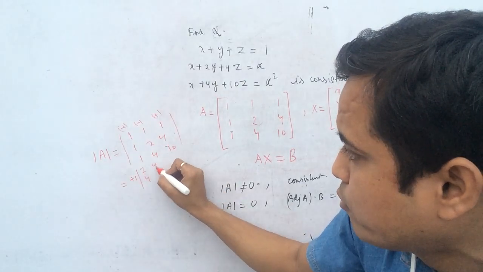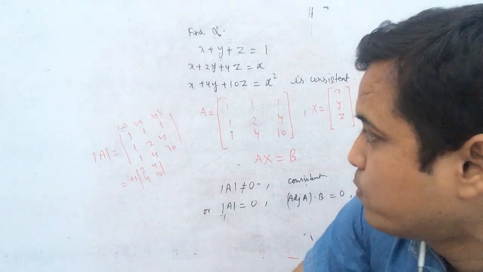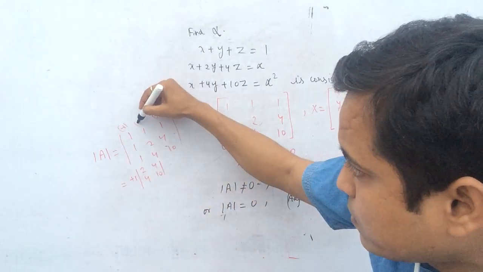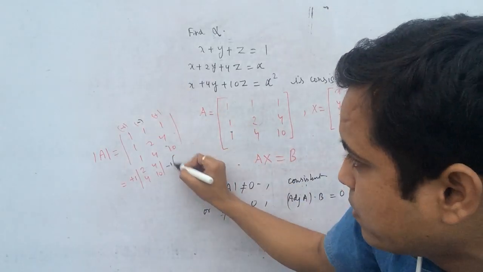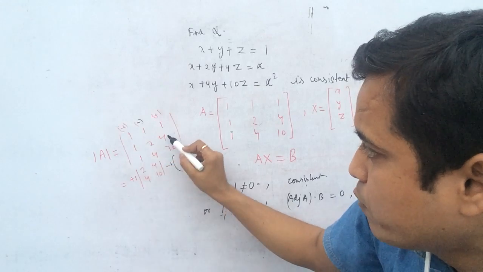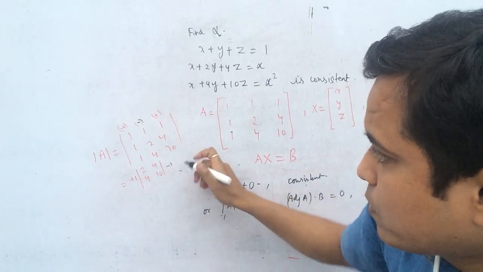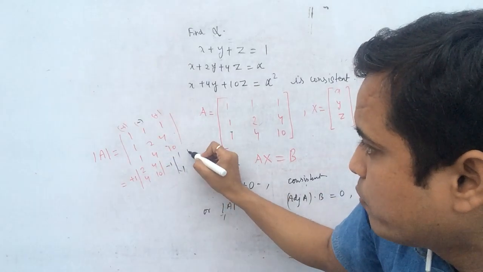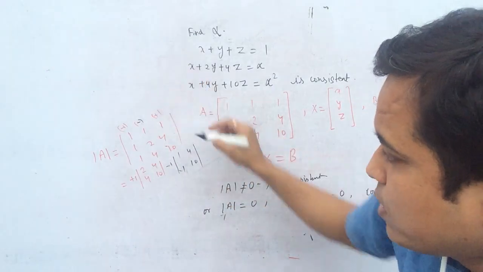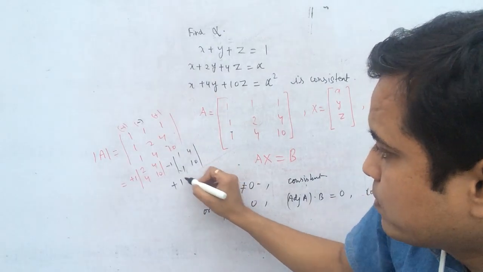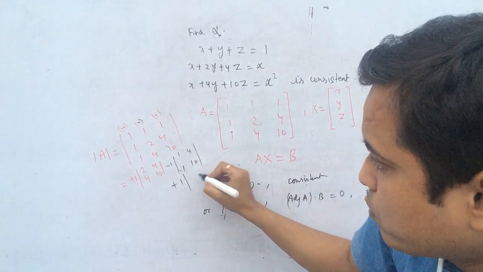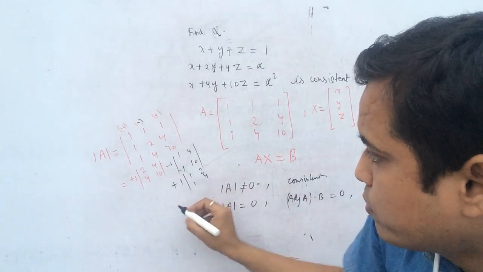Then you write minus 1 here, remove this row and this column. What do you get? 1 1 4 10. Write plus 1, remove this row and this column: 1 1 2 4.